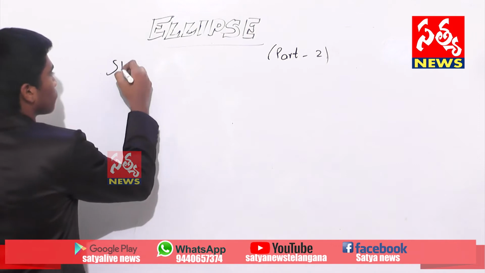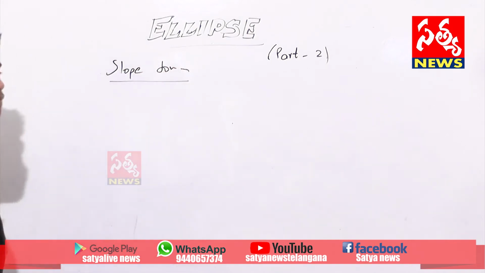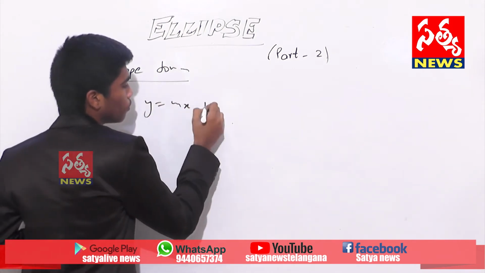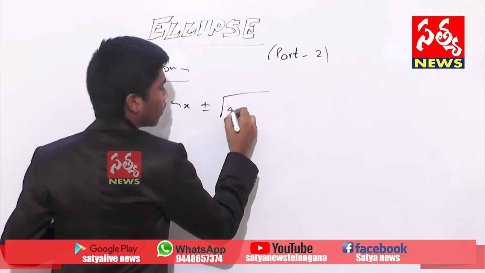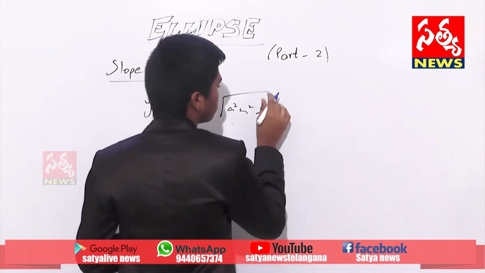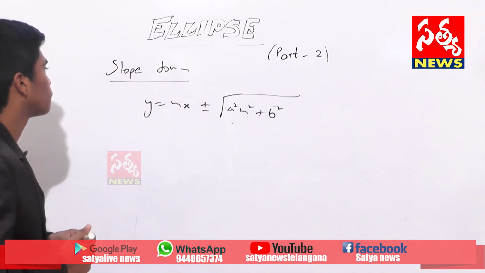Now, slope form. For this, simply remember a formula. y is equal to mx plus or minus under root a square m square plus b square. This is the formula.